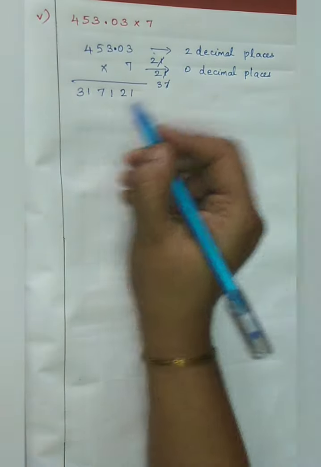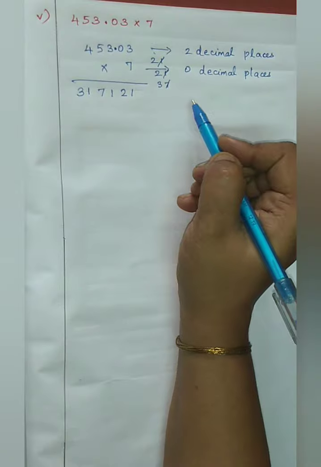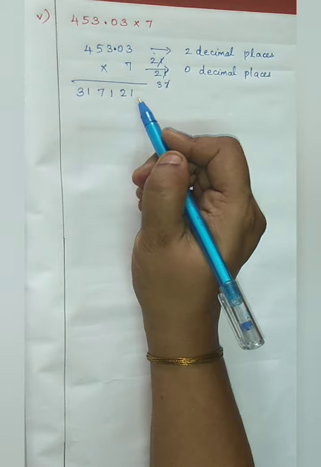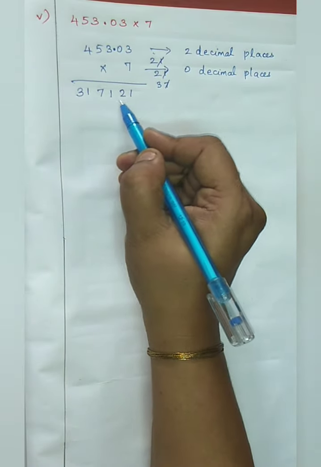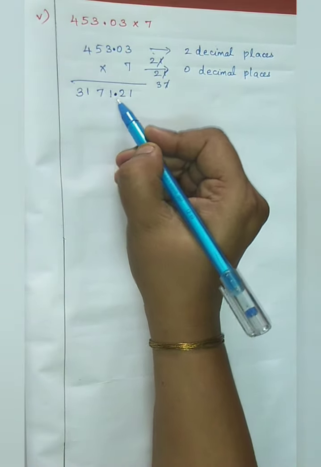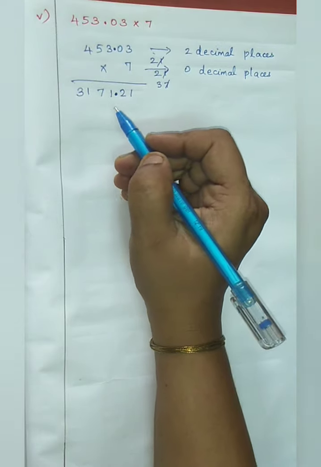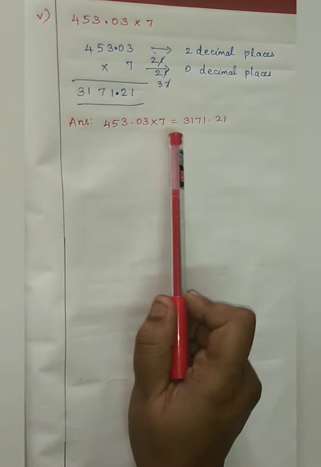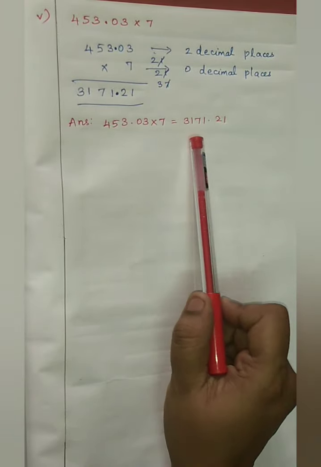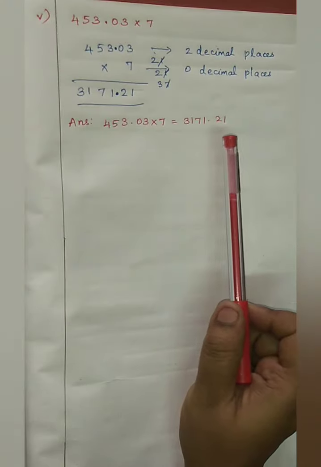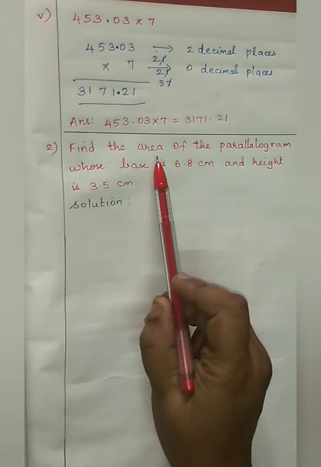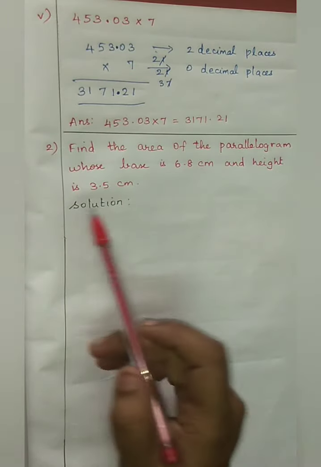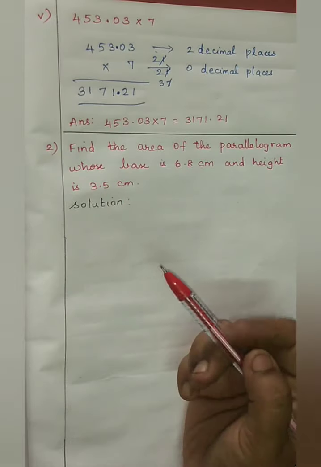So in the product, we must have 2 decimal places. So from the extreme right, you leave 2 digits and keep the decimal point. 1, 2. So keep a decimal point between 1 and 2. So the answer is 453.03 into 7 is equal to 3171.21.